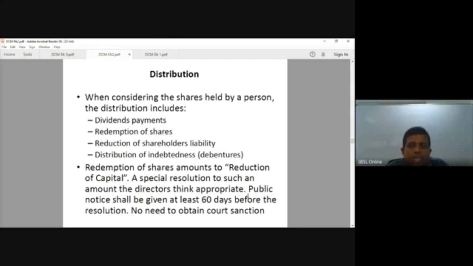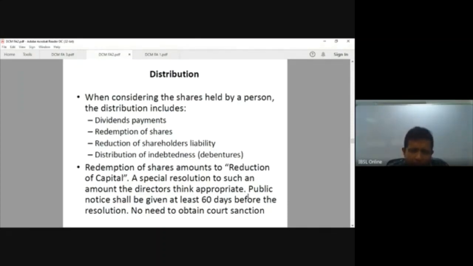When considering the shares held by a person, the distribution includes dividend payments, redemption of shares, that is you redeem all the shares, you give money and redeem those shares of the shareholders. Then reduction of shareholders' liability by way of paying cash, distribution of indebtedness or debentures.